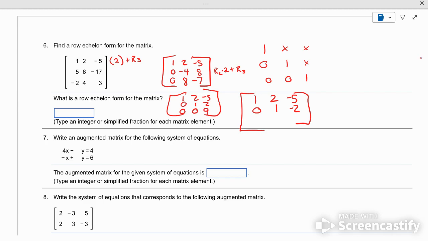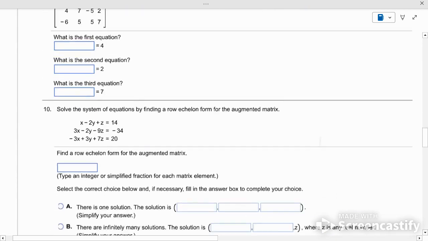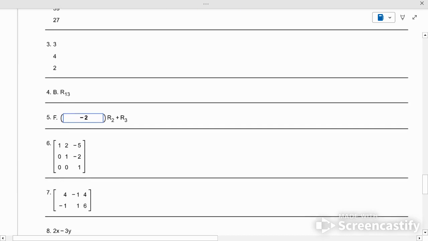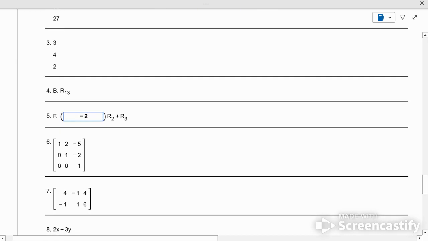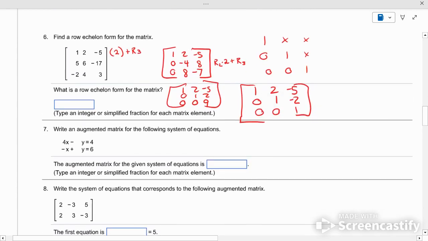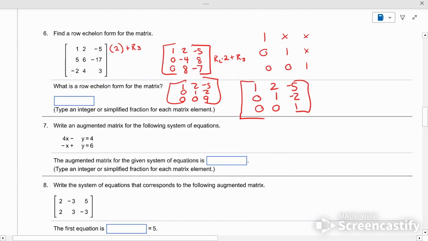And then I'll just divide row 3 by 9, so it's going to be 0, 0, 1. Okay? I think that's my answer. Let's go look. 1, 2, negative 5, 0, 1, negative 2, 0, 0, 1. Ta-da! That's my answer. That's finding row echelon form.